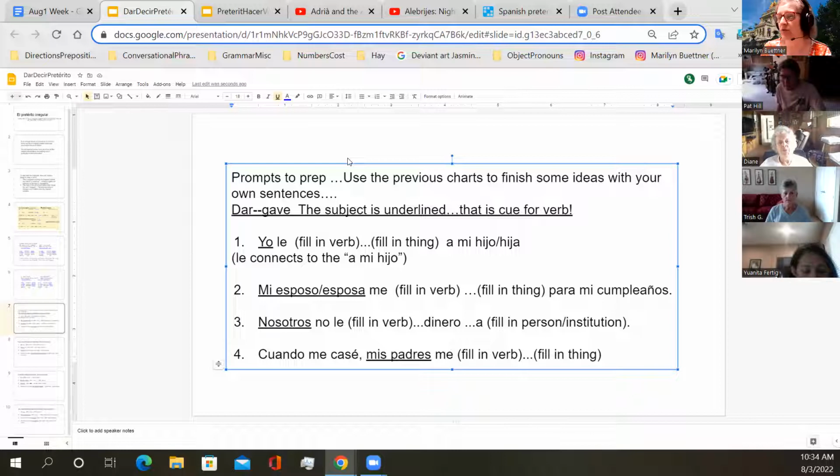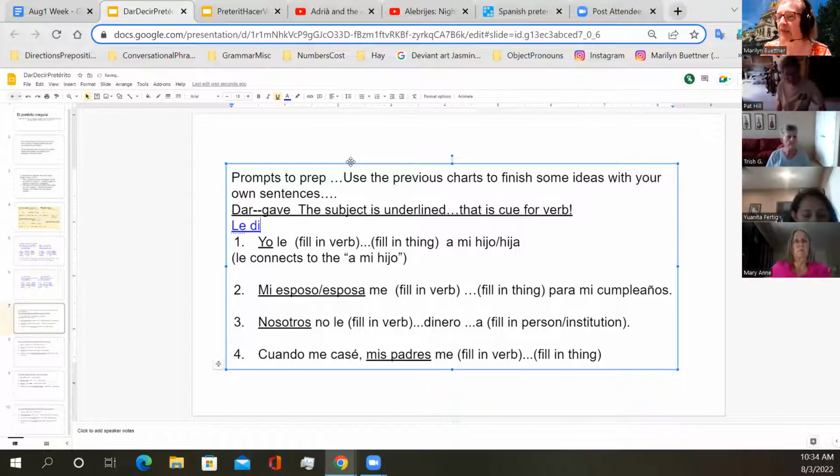You'll almost always hear it like this: le di, le dimos. You're almost always going to hear it paired up with a pronoun. This verb dar is almost always paired up with some kind of pronoun.